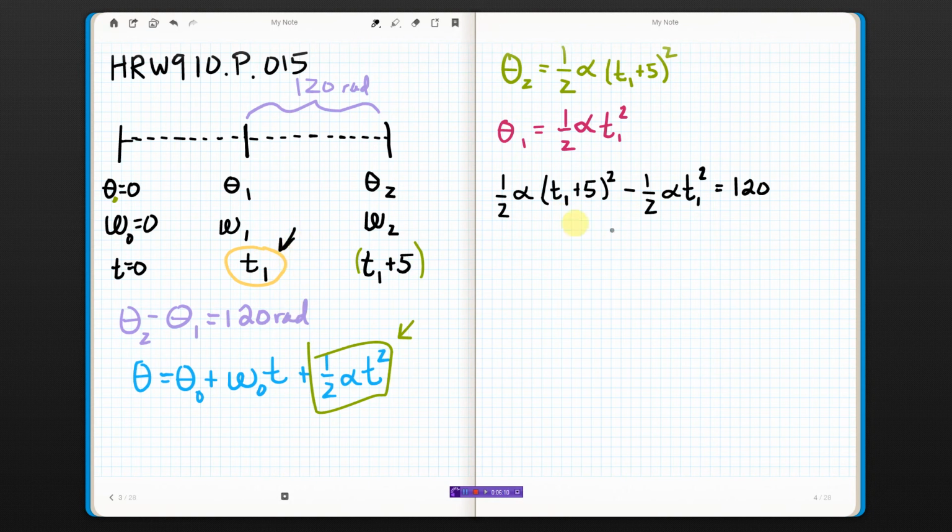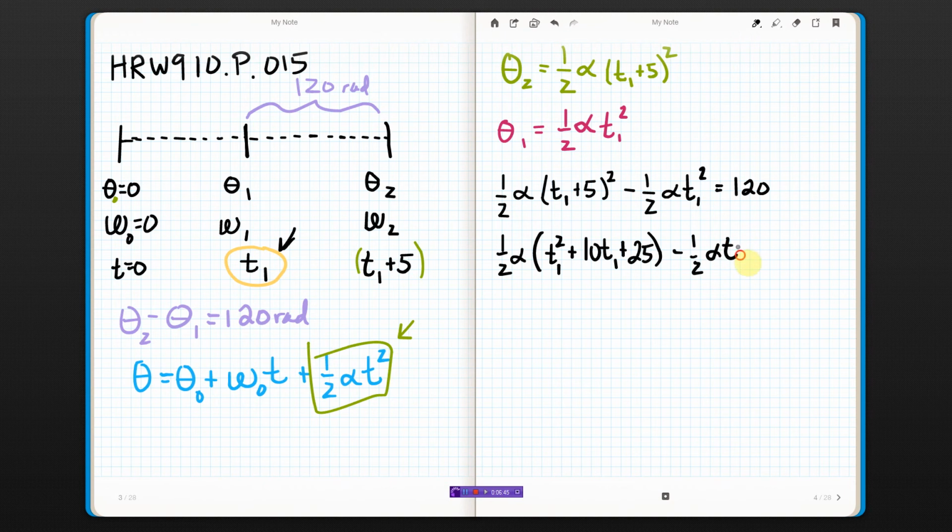Let's do some algebra. First I have to expand this: 1/2 alpha (t1 plus 5) squared. Expanding the square, I get t1 squared, plus 2 times 5 times t1, so that's 10 t1, plus the last term squared, 25. I still have the minus 1/2 alpha t1 squared at the end, equals 120.